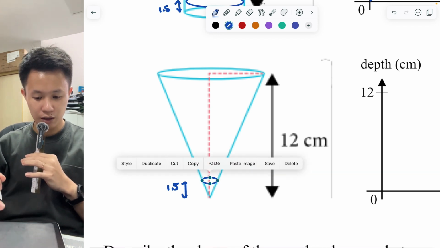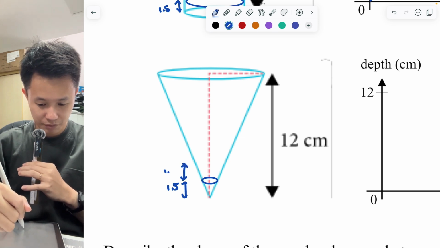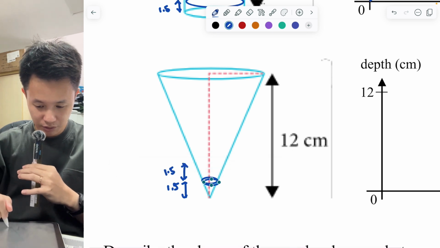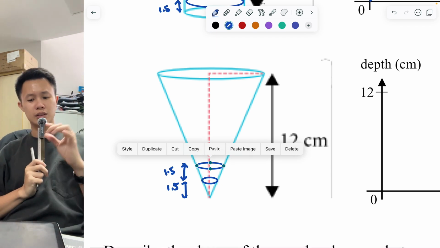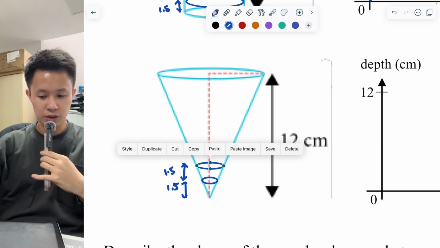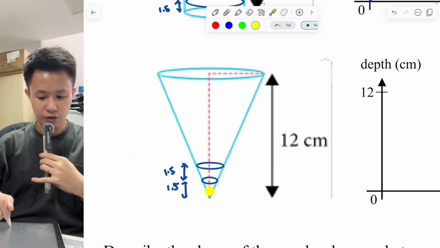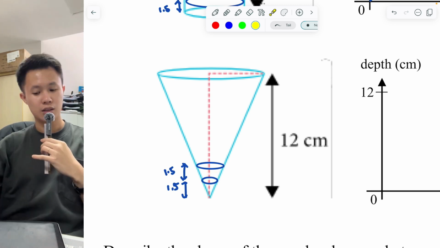And then I fill up another 1.5 cm, which is over here. We're going to expand it out to here. And so the difference here is that the amount of water in the first part will be lesser than the amount of water in the second part.